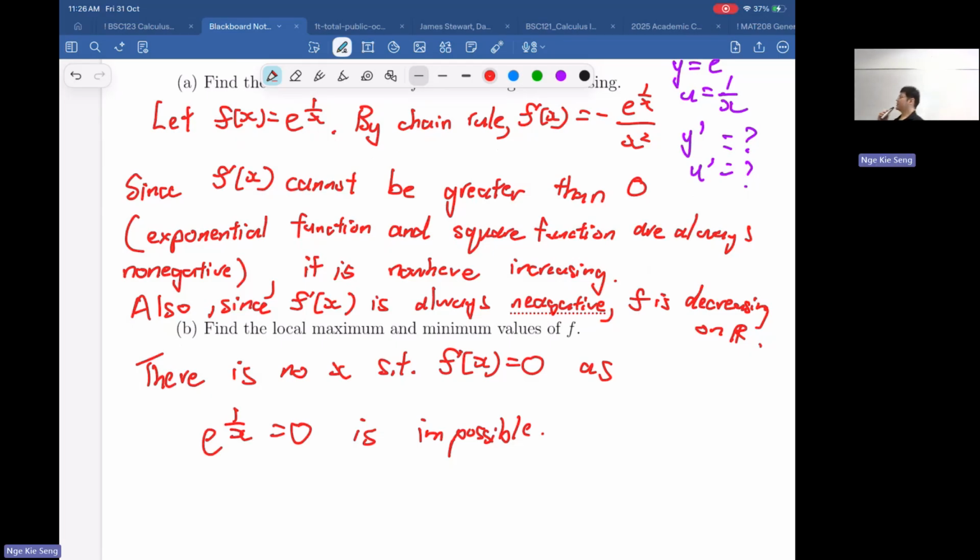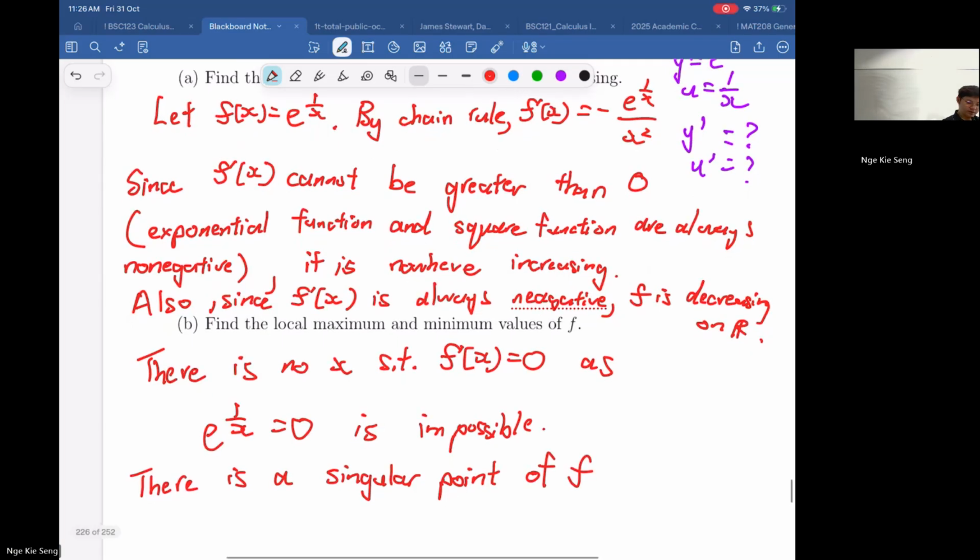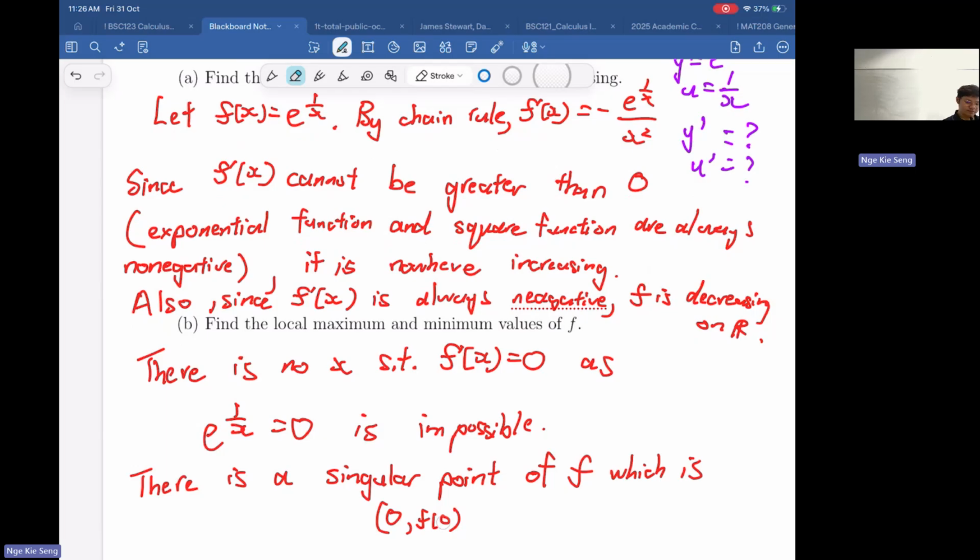Is the singular point of f at x equals 0? Oh, it's not defined.